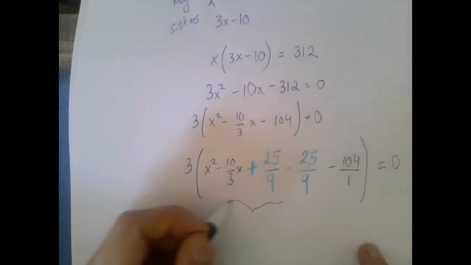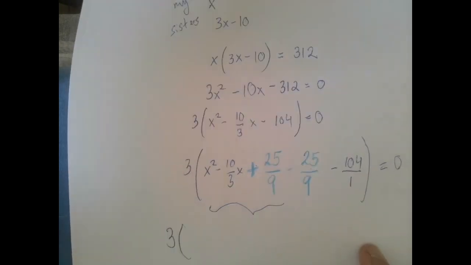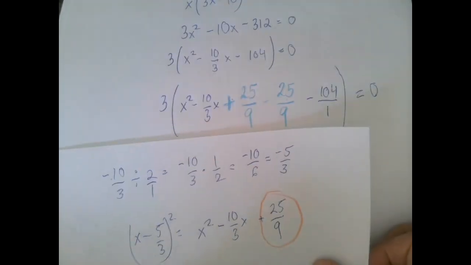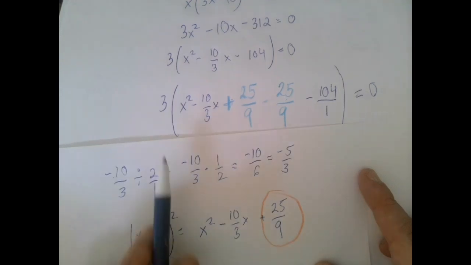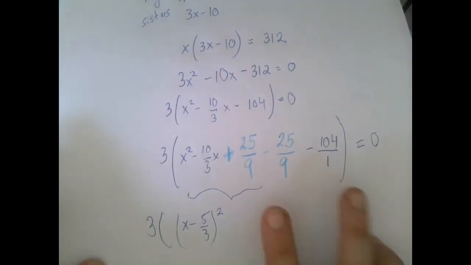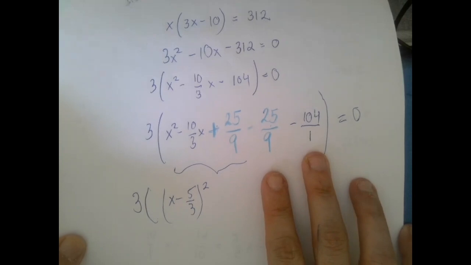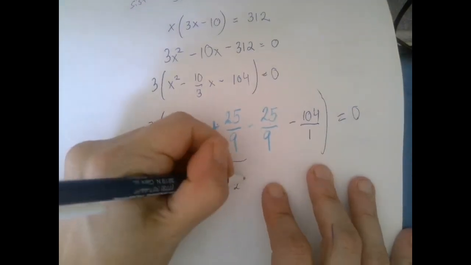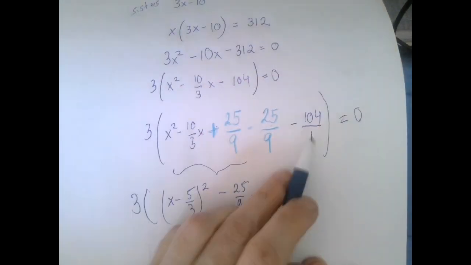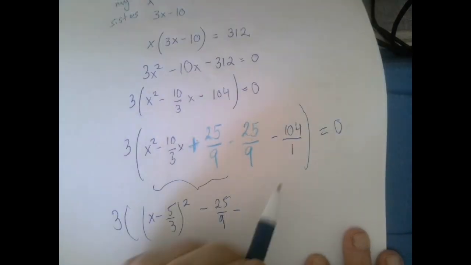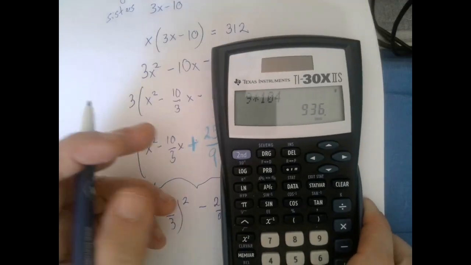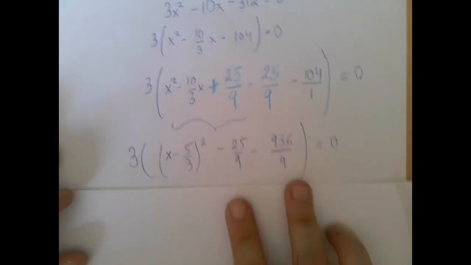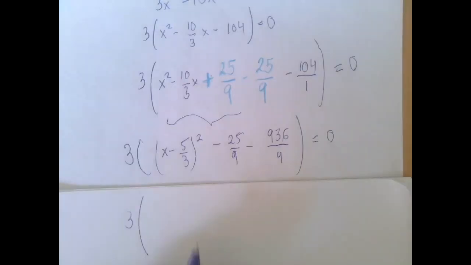The first 3 gets absorbed into the complete square, which is again x squared minus 10 over 3x plus 25 over 9 is x minus 5 over 3 squared, which is what we have here. And now we combine these two, so we have a negative 25 over 9. And to bring it to the common denominator, we're going to multiply both numerator and denominator by 9. It's 936.